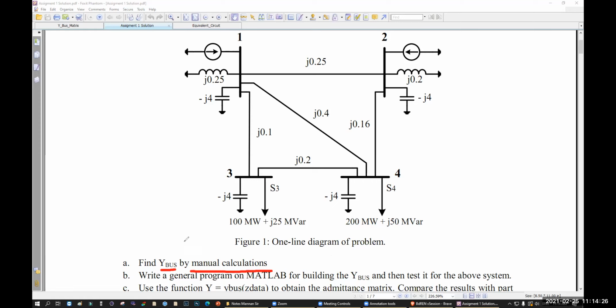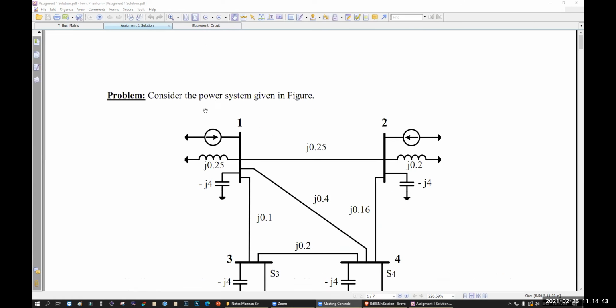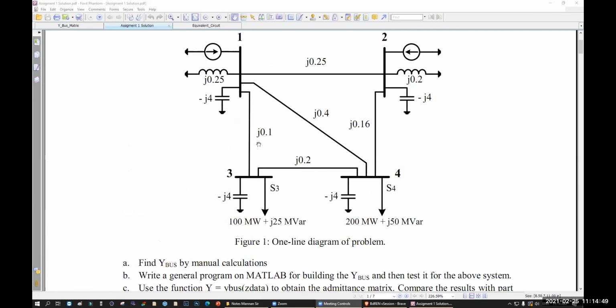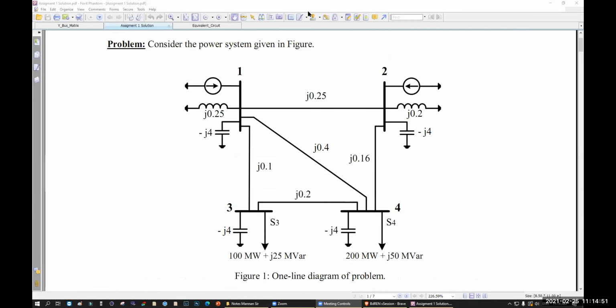Then they have said, okay, use a general program for MATLAB by building y bus. So we are not going to focus on that. We are going to focus on manual calculation. Now here, all the impedances are given. See, these are all impedances, not admittances. These are all what?